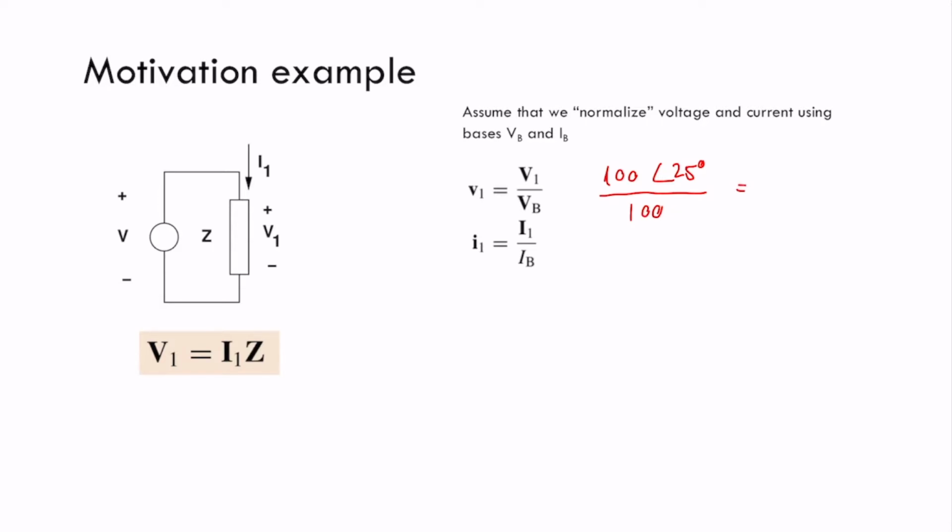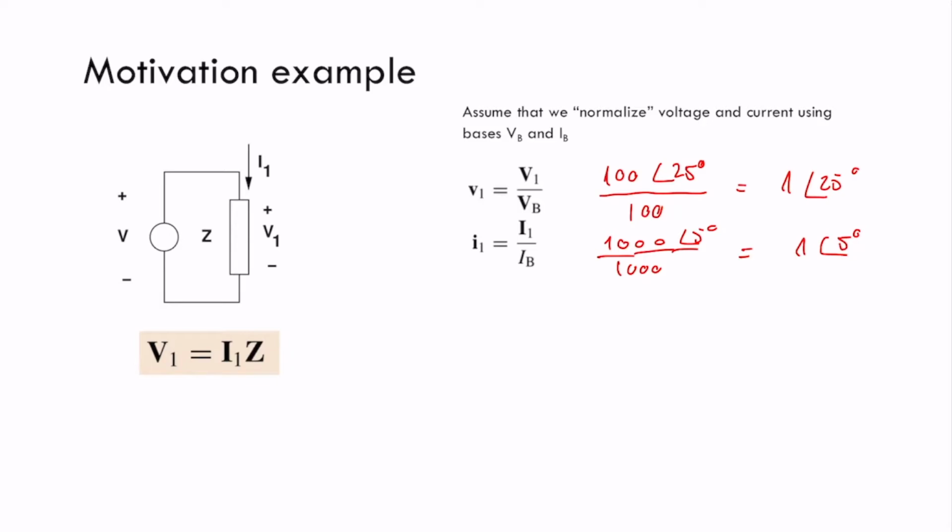So this will be 1 at 25 degrees. I can normalize by a scalar. Whatever the current is, I can also normalize it, 1000 over 1000, which will be 1. So I have numbers that are pretty close.